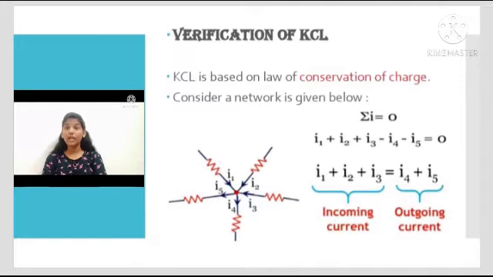Here I1, I2, I3 are incoming currents, while I4 and I5 are outgoing currents. We can clearly see that these two are equal. That verifies the law of conservation of charge, and so KCL.